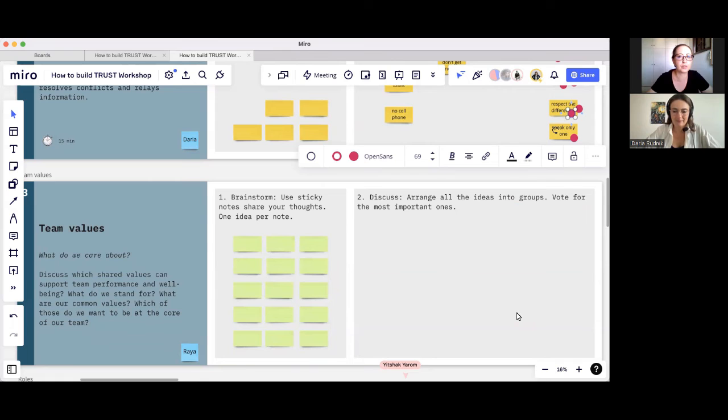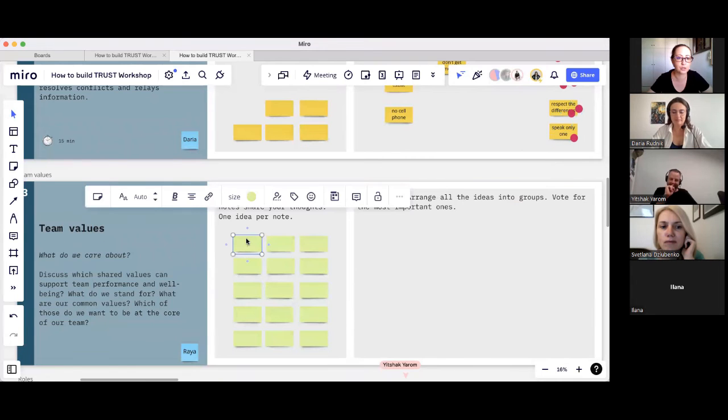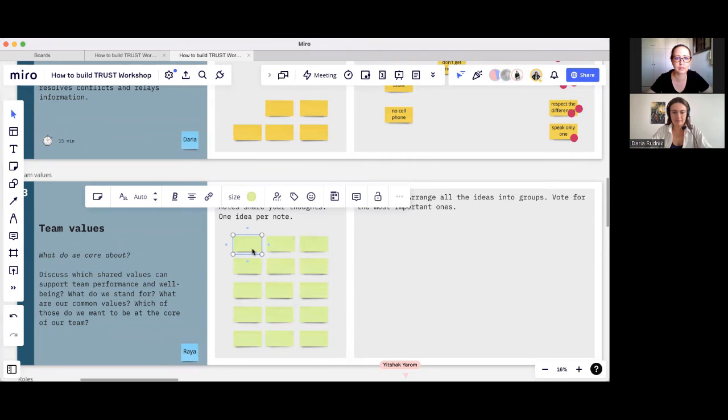Yeah. So what do you think are team values that are important, or something that I shared and you think we can try, we can use? I will use the equal communication.